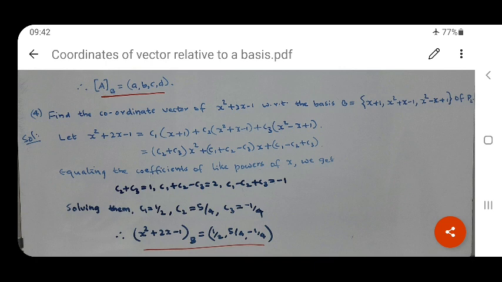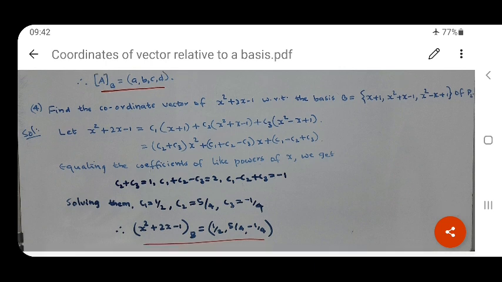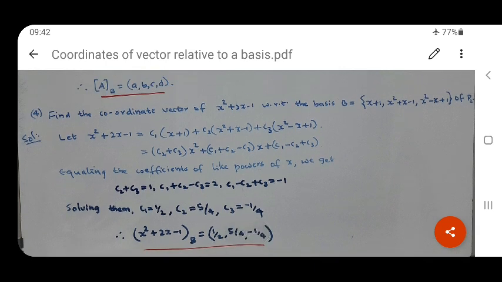Then we express x square plus 2x minus 1 as c1 into the first vector plus c2 into the second vector plus c3 into the third vector, which will reduce to a second degree polynomial. Comparing the coefficients of like powers of x on either side, we have a system of three equations.